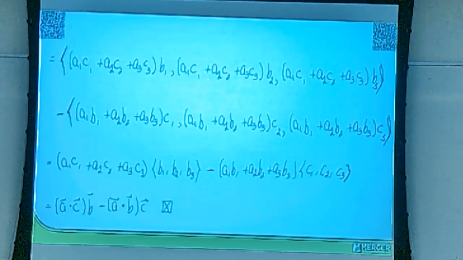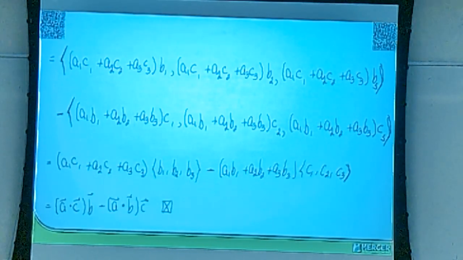I think I actually have to add in the problem that A, B, and C have to be in R3. So I'm not sure if this necessarily holds in R4 or higher. It might. I'm just not 100% sure.